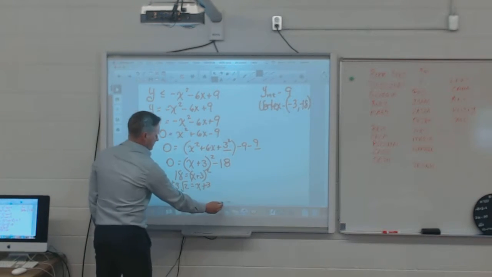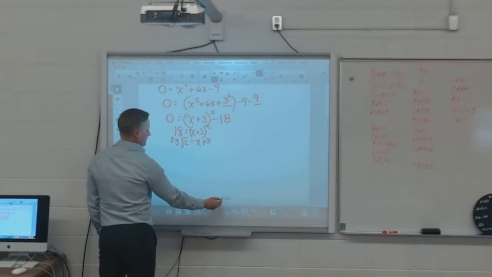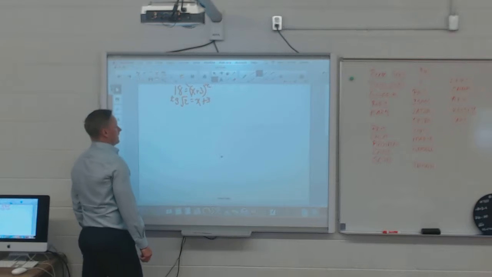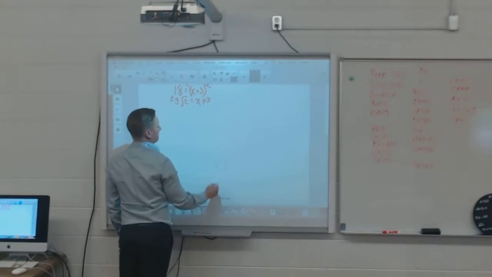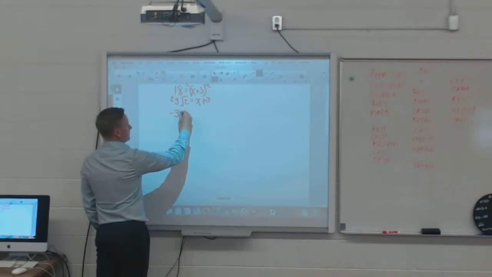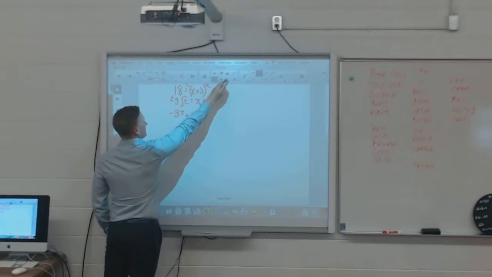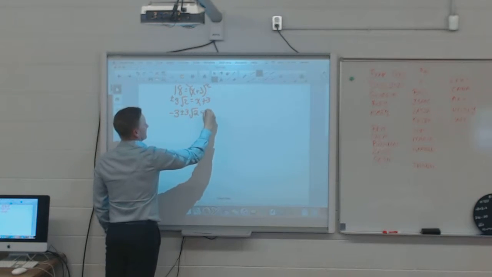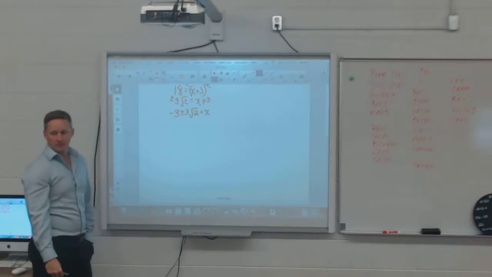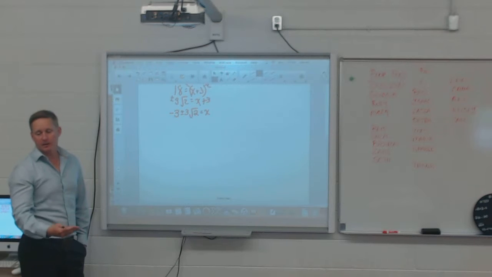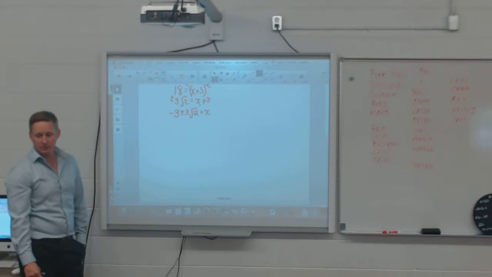So there are your roots. You could use approximations, which is what your calculator is going to give you anyways using Desmos.